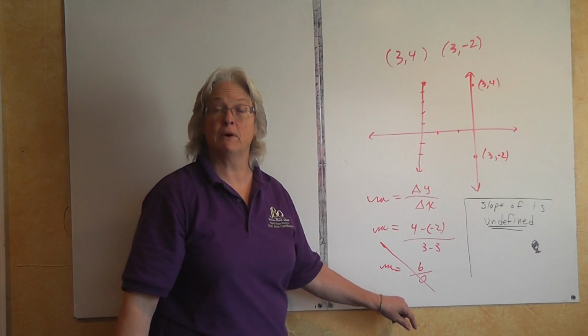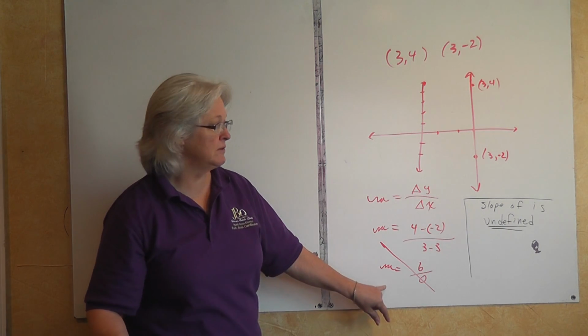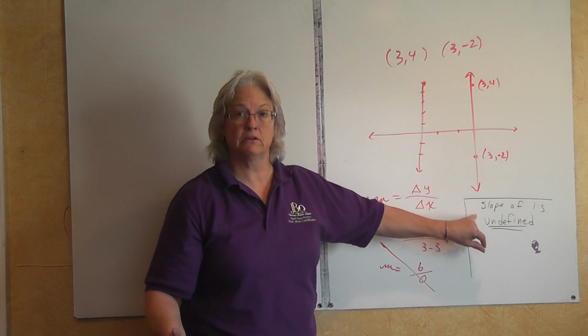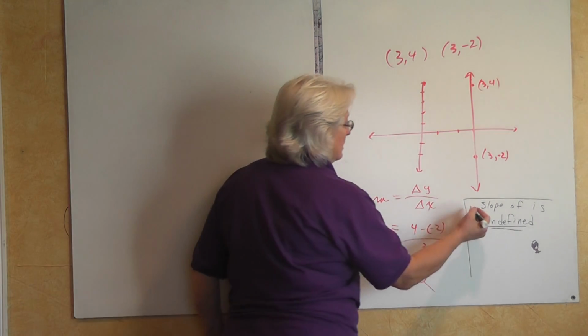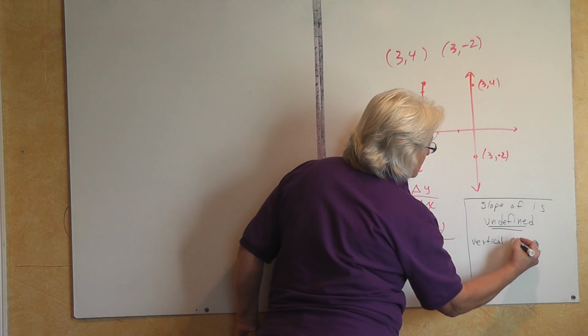You cannot divide by 0. We say division by 0 is undefined. Since we're trying to divide something by 0, slope is undefined, or you can say that vertical lines have no slope.